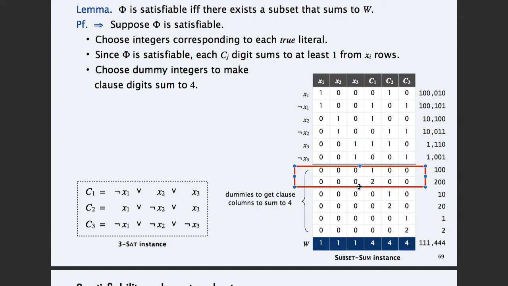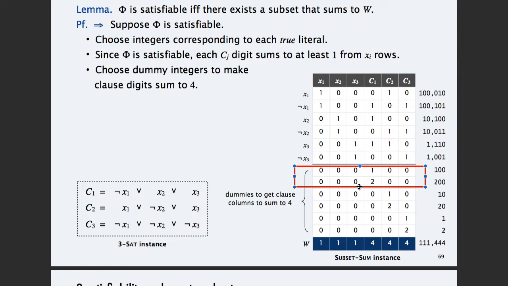And so, if I have a satisfiable assignment of variables to 3-SAT, I can just choose the numbers for that. So if I chose x1 to be true, just choose that one.